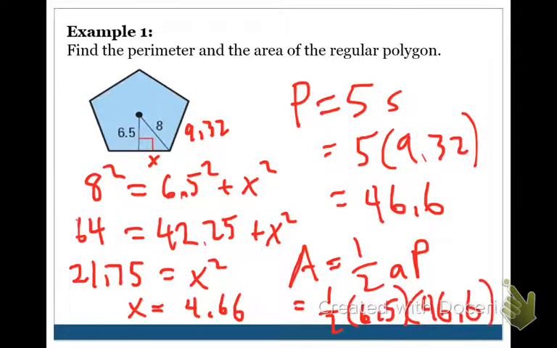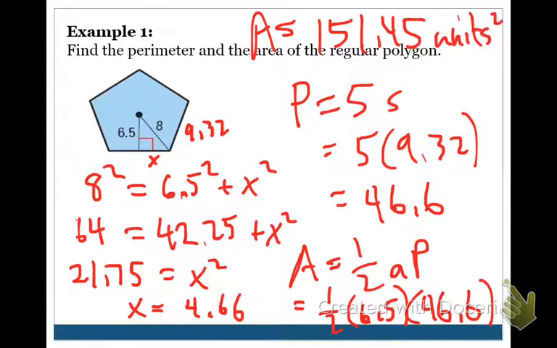We multiply that out, what do we get? 151.45. Okay, so the area equals 151.45 units squared.